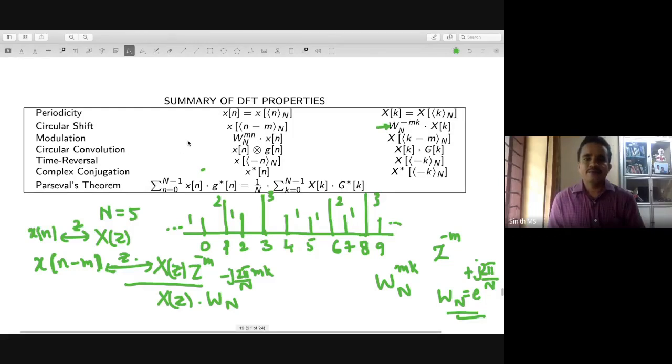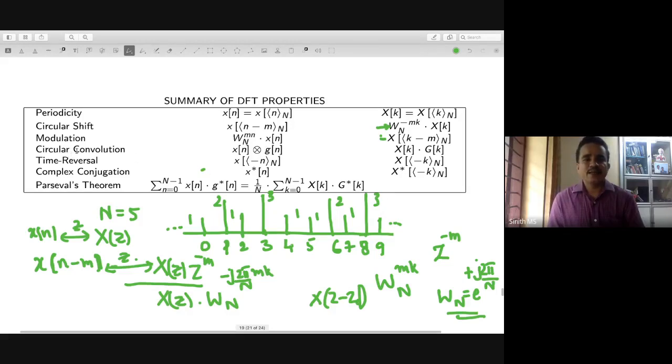Similarly, when you have a shift in time domain, that will appear as W_N raised to mk. We know that in the Z transform also, if you have X(z divided by z0), it becomes z0 raised to n into x[n]. So similar to that, this property is going to happen.